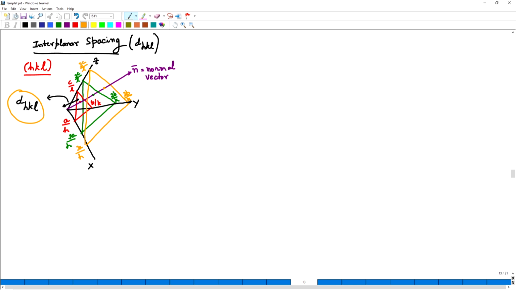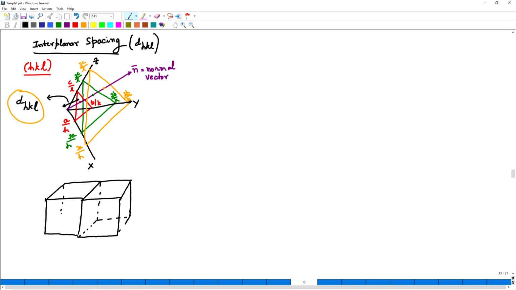Let us look at one more diagram just to clarify things a bit. Let us take a specific set of HKL planes to understand this concept clearly. I am just drawing a set of unit cells, and this unit cell can be from any one of the Bravais lattices.